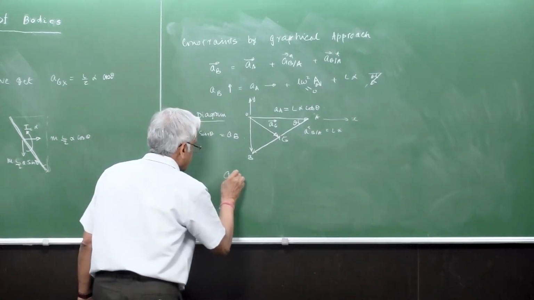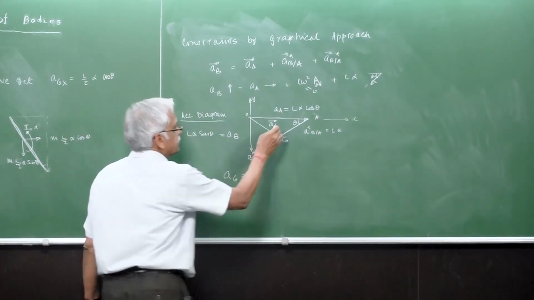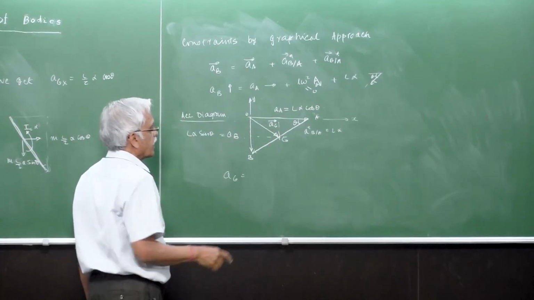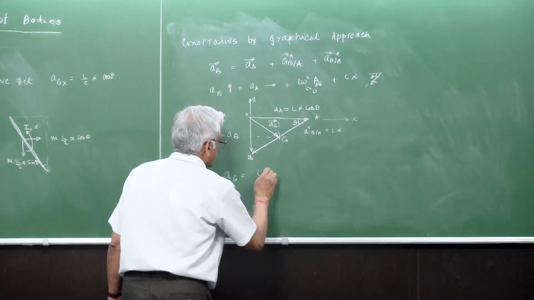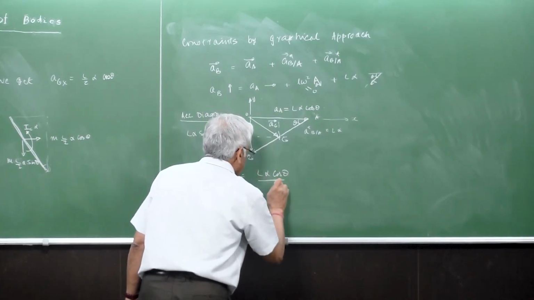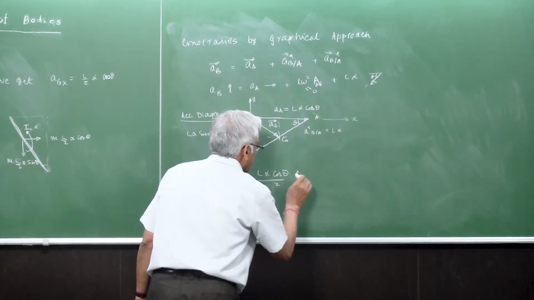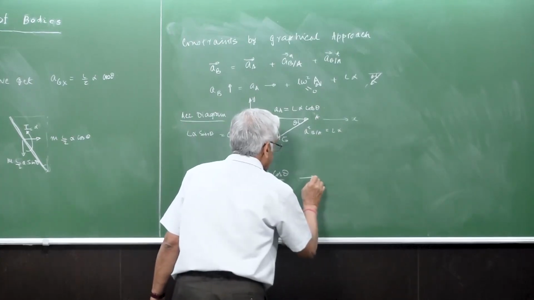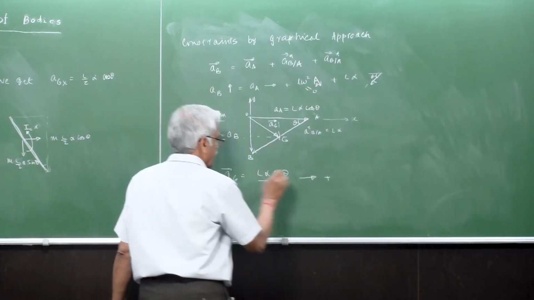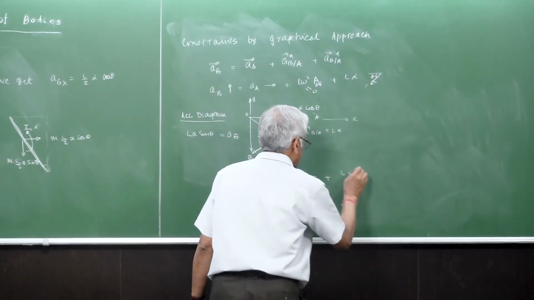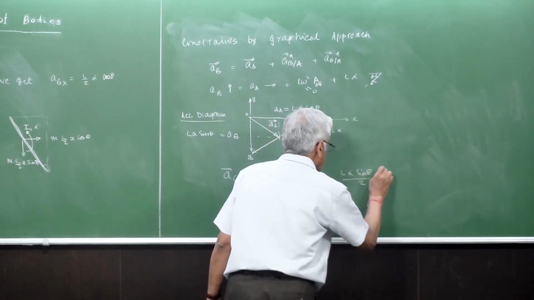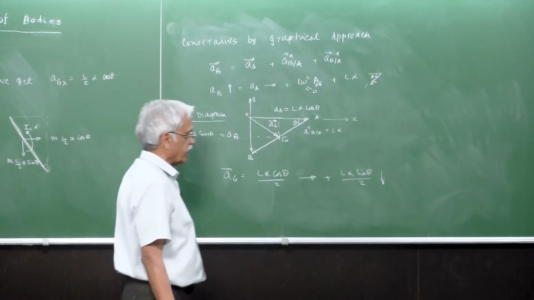And acceleration of G then is half of AA, so it is L alpha cos theta by 2 in the downward direction like this, and L alpha sin theta by 2 in the downward direction.